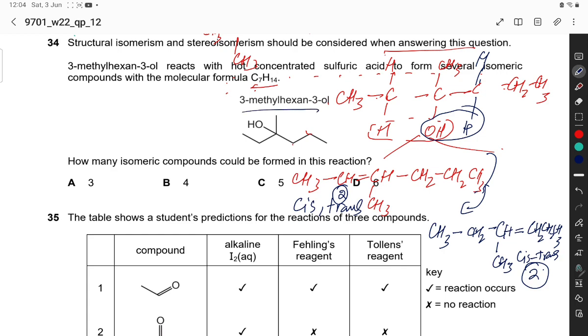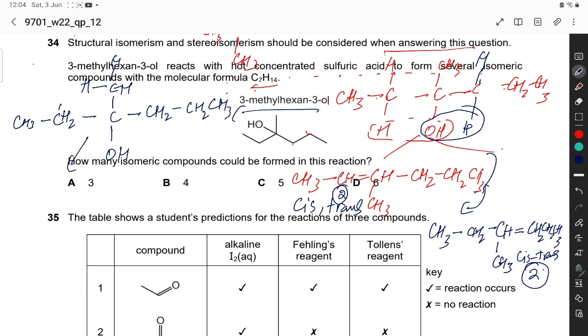Now there is another option. CH3, CH2, and if one of the H is removed from this hydrogen, CH2, CH2, CH3, so the option is CH3, CH2, C double bond CH2, CH, CH2, CH2 and CH3.